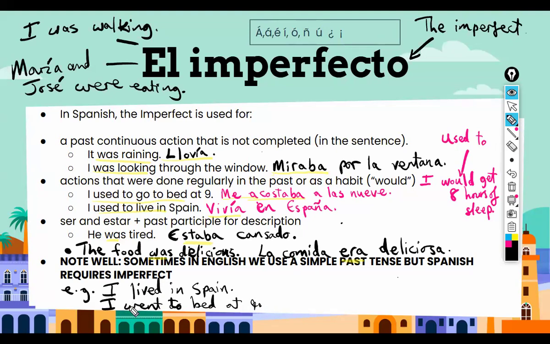But if this went means used to, just like if this lived means used to, then we would have to use imperfect. So we have to be alert for that. We always have to ask ourselves, is the thing that we're putting in the past tense something that went on for a while? Was it something that was done as a habit? Or is it something that otherwise needs the imperfect, right? If anybody is confused, let me know.